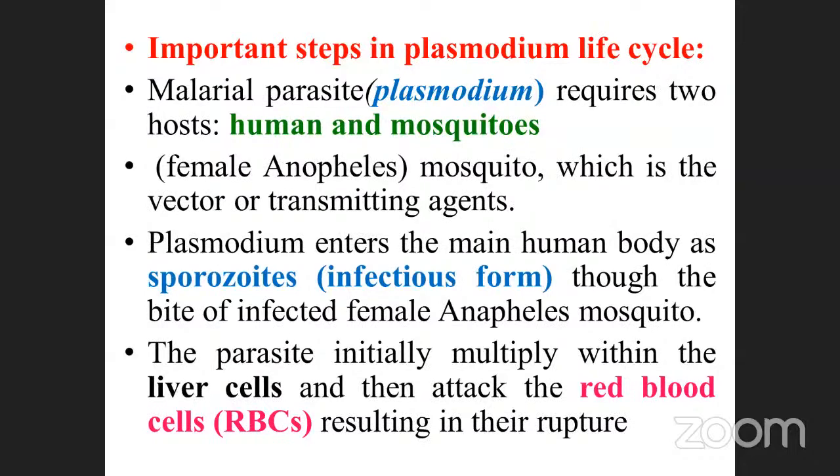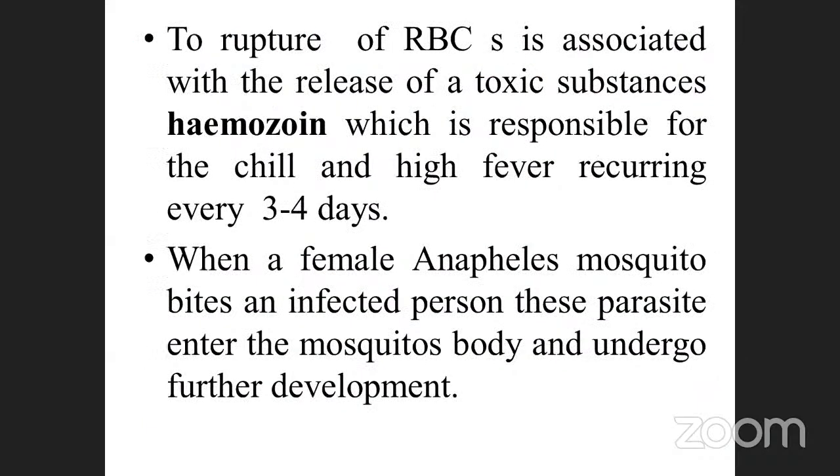That is the reason how it affects. The infective spore is called sporozoite. We already discussed how it enters. And in the RBC, the toxic substance released by the pathogen, the hemozoin, I told you. We already discussed that, isn't it?